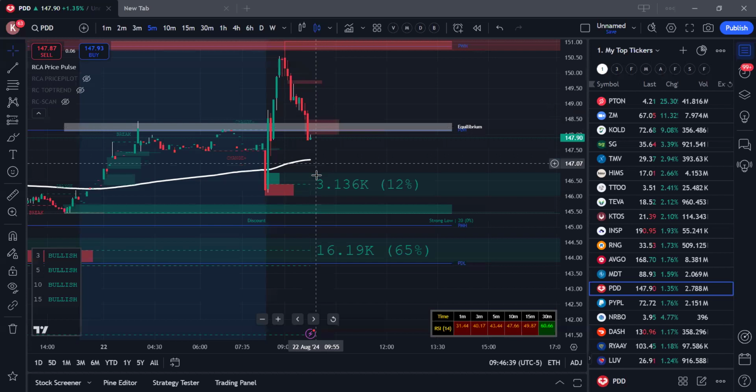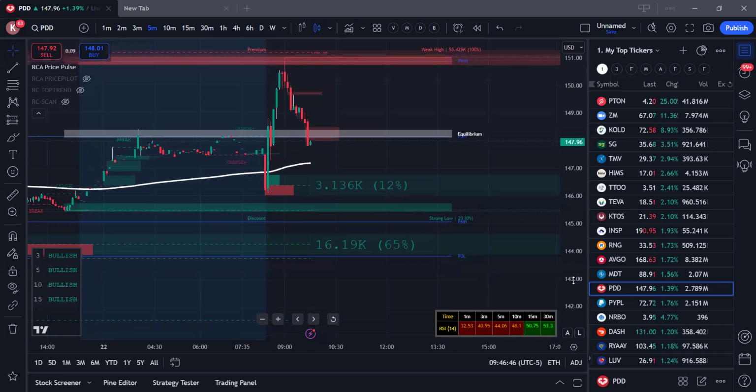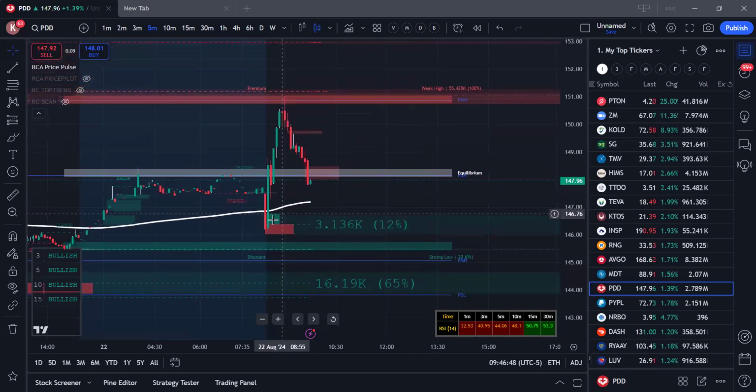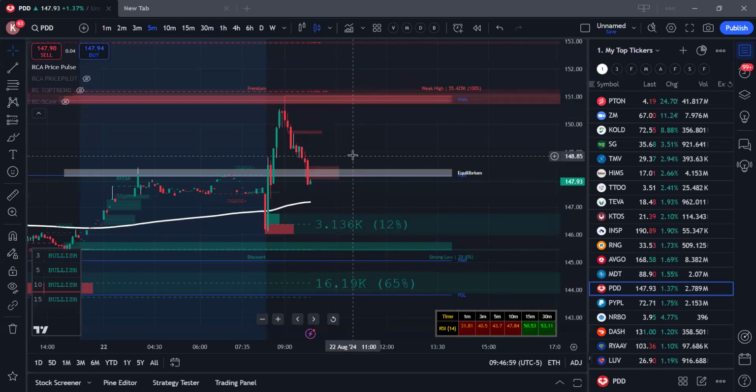So PDD may come somewhere here or here and then start moving up. Right? It went to the premium and then started dropping. We are waiting, so when this 135 becomes green, most probably it may touch this and then start moving up. That is the best time to buy the calls.